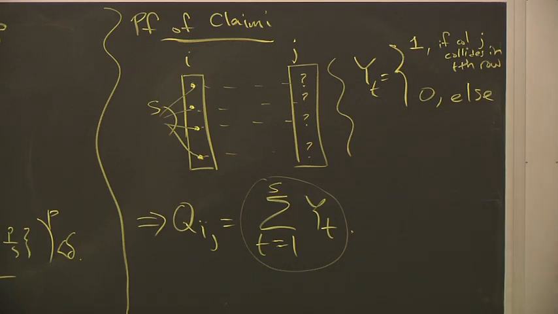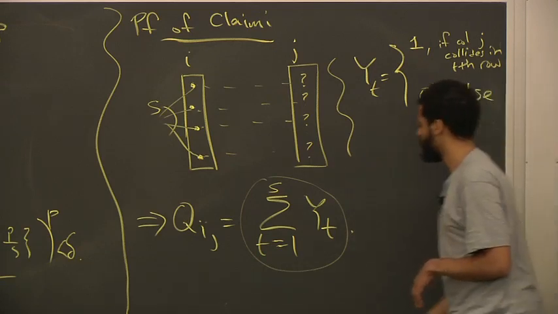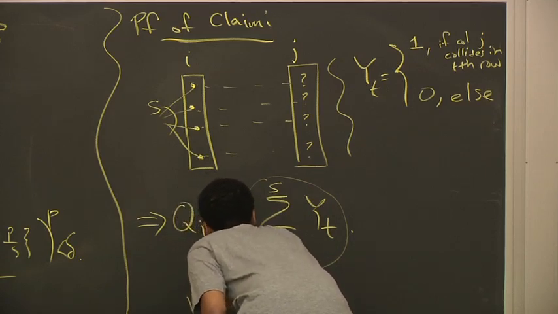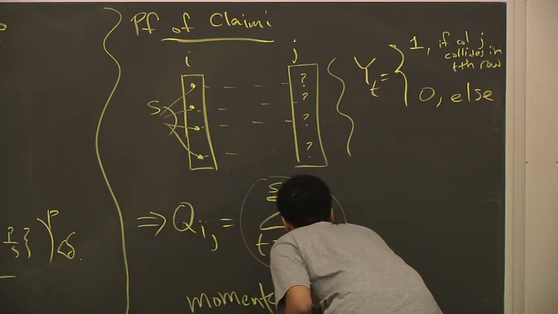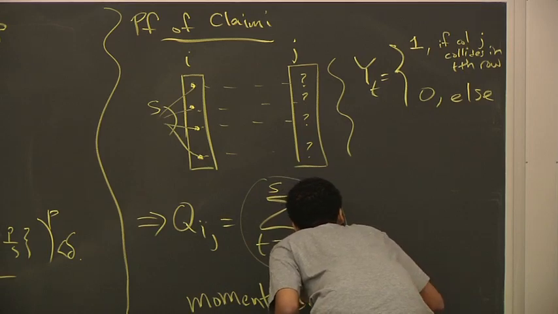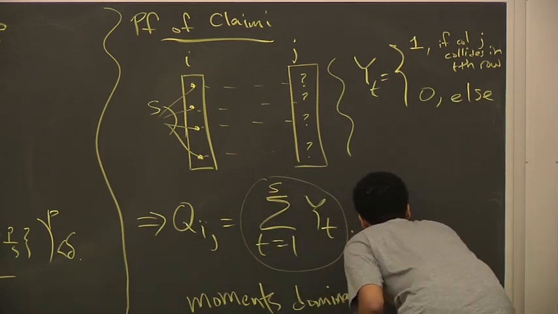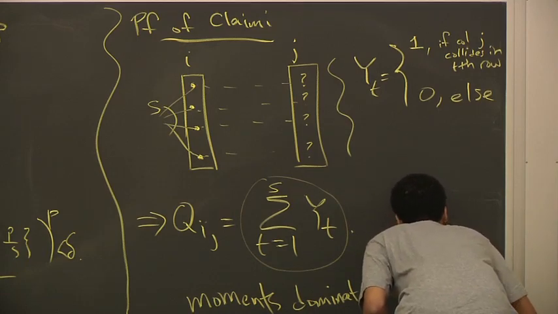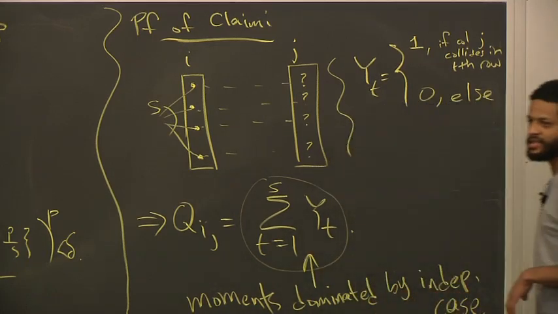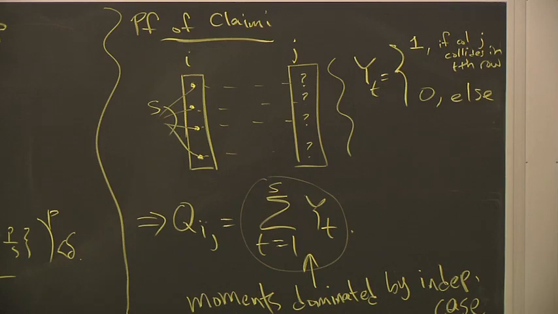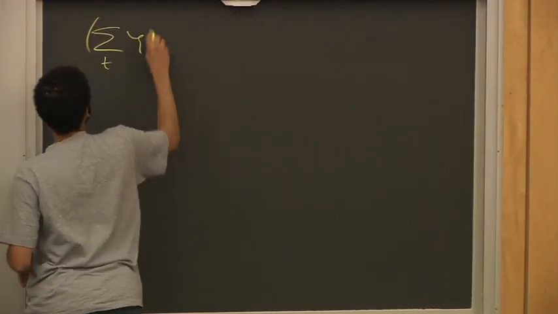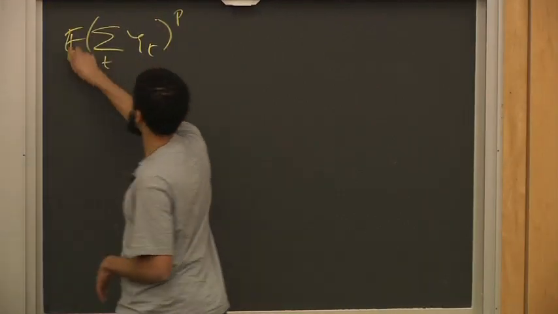So why is that the case? Moments are dominated by the independent case. Moments of this thing. Why is that? Well, let's look at the sum over t of y_t to the p, and let's look at the expectation of that.